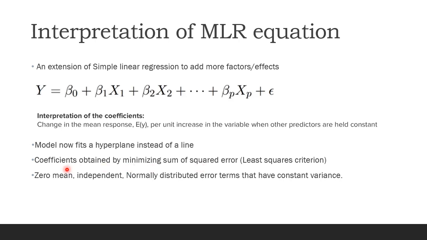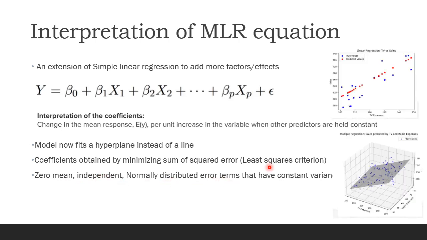The third part of the assumptions, zero mean independent normally distributed error terms, is the same as it was in simple linear regression. This is what I was talking about. In simple linear regression, we were trying to find the best fit line which would best describe the scatter plot or the observed values of data. Here it becomes a hyperplane having various dimensions, and these are the observed or real values. Now we are finding that best fit plane instead of a best fit line.